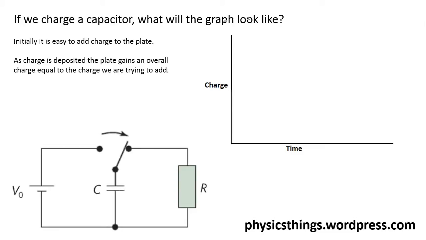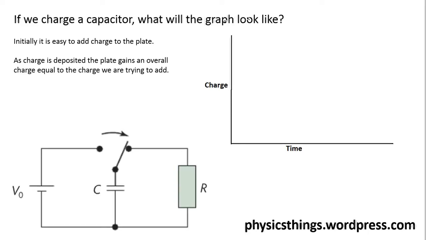Now initially you don't have an overall charge on your capacitor, so it's quite easy to add charge. But over time, as the charge on the capacitor builds up and you're trying to force like charge onto an already densely packed charge distribution, you're going to get pretty large repulsive forces.